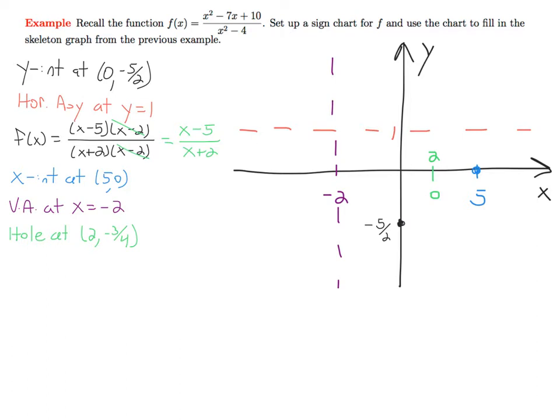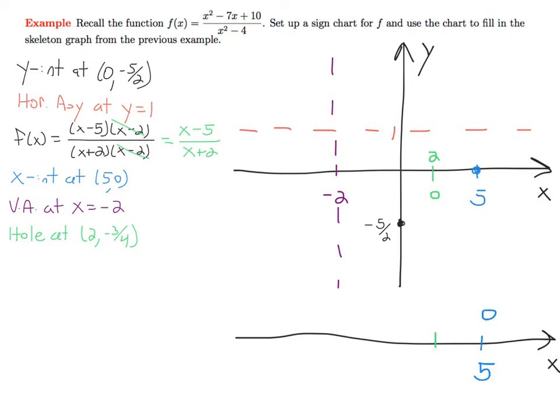And so for the sign chart, we're going to just set up a number line, and on this number line we're going to mark each of the x values where one of these key properties occurred. So for example, at x equals 5, we had an x-intercept, so I'm going to put a 0 over x equals 5 to denote that the function is equal to 0 there.